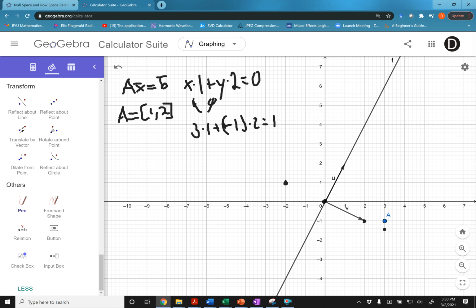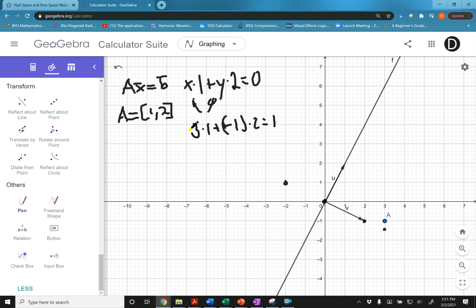So if that 3, minus 1 is my input, I get out 1. I'd increase my fat intake by 1. Well, there are other points that I could take that would also increase my fat intake by 1.